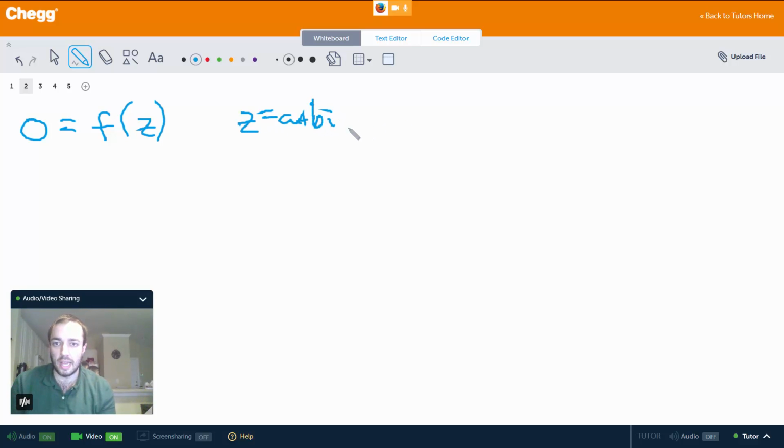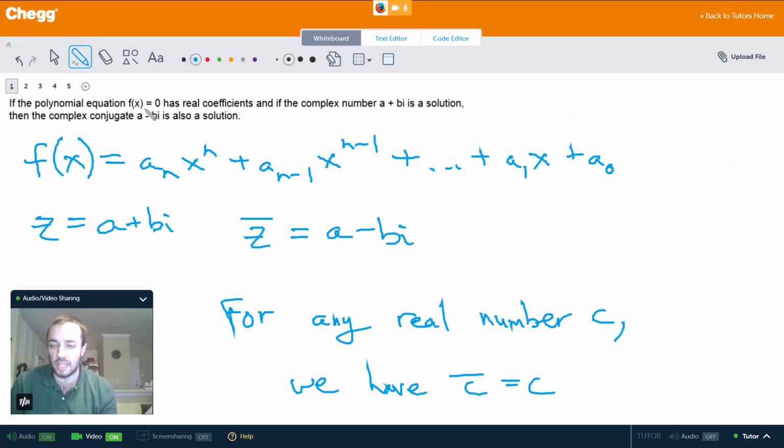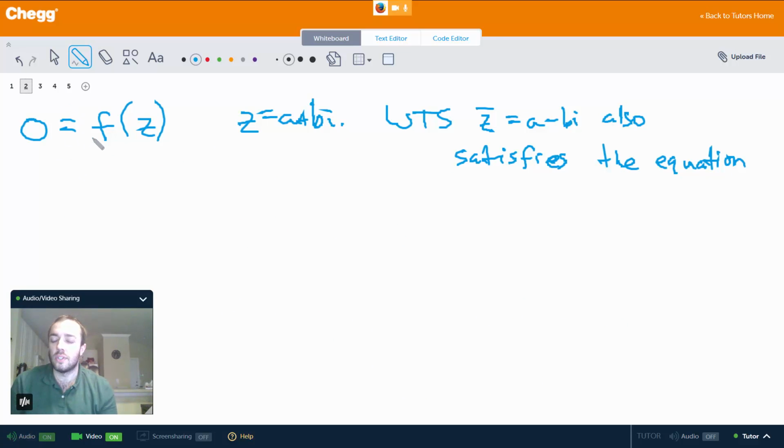And then we want to show, usually abbreviated W.T.S., we want to show that z bar equals a minus bi also satisfies the equation. And what equation is that? It's the f of x equals 0 equation. Okay, so we know that z equals a plus bi satisfies f of z equals 0.